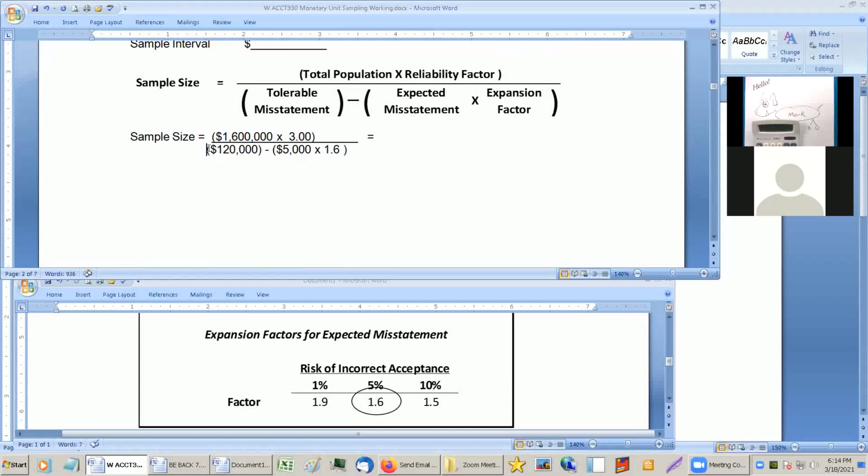So 1.6 million times 3. Turn your calculator on. I'll write that down. 1,600,000 times 3. 48 million.